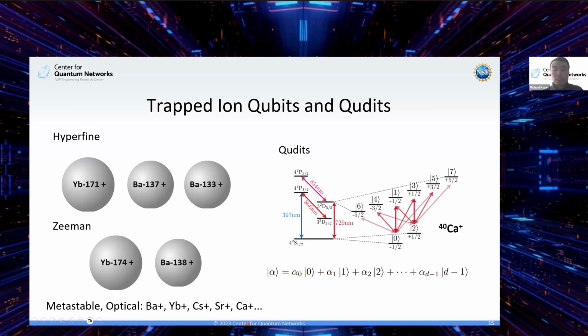for those purposes. While we're on the topic of quantum memories, I should also point out that some ion species are well suited for qudits, which are generalized qubits. Instead of mapping the quantum information to a superposition of zeros and ones, qudits map the information to a superposition of 0, 1, 2, 3, and so on to d minus 1 for a d-dimensional qudit, allowing us to store much more quantum information.